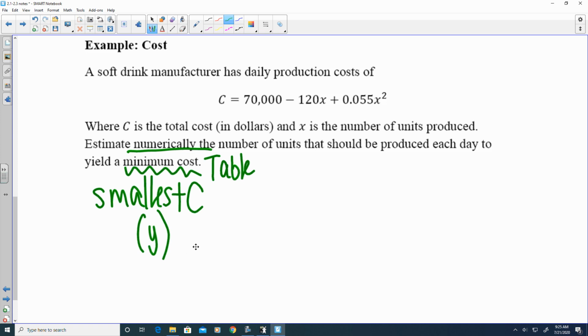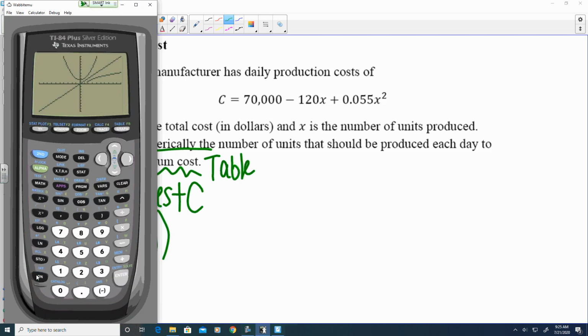Since we're going to be looking at the table, we need to look at X's and Y's. So let's get our calculator out, clear out anything that's there, and type that function into our Y equals screen. There is a table function on your calculator.